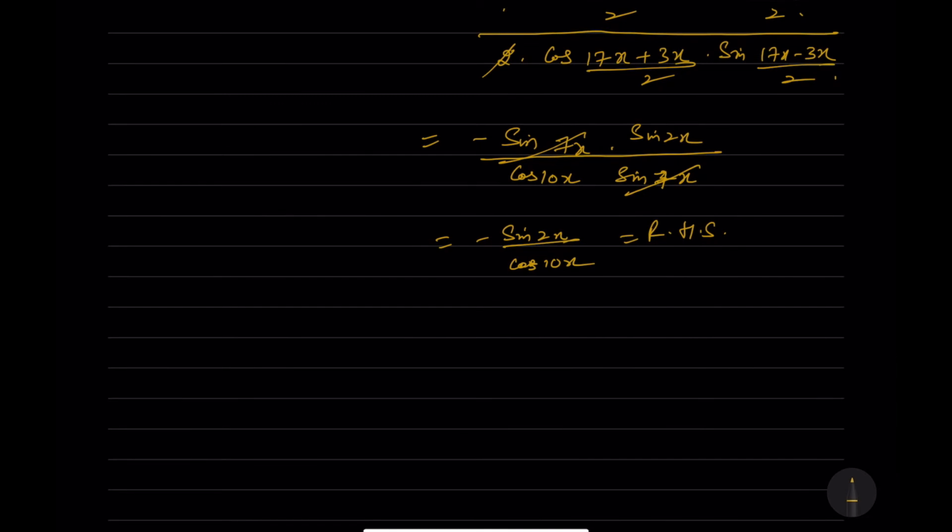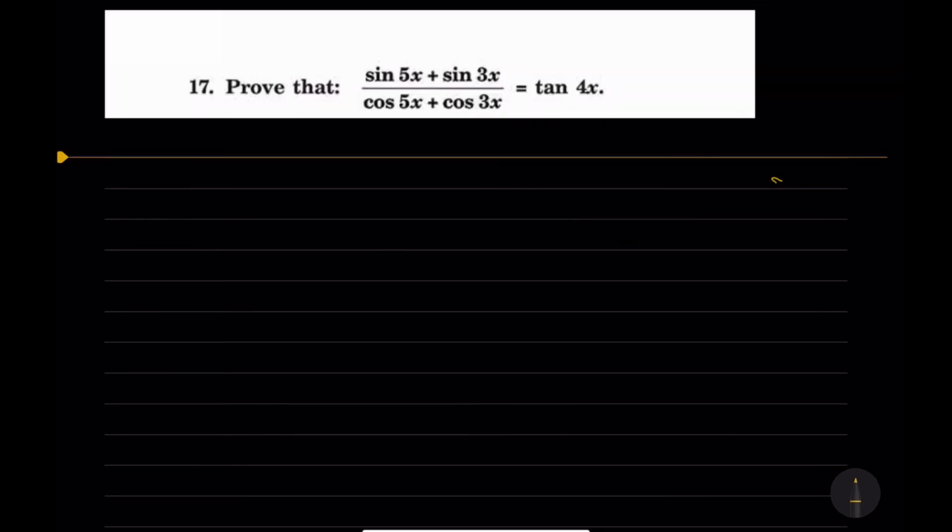So now going into the next problem. The 17th problem, we have to prove that (sine 5x plus sine 3x) by (cos 5x plus cos 3x) is equal to tan 4x.